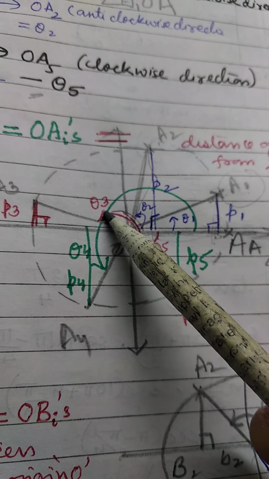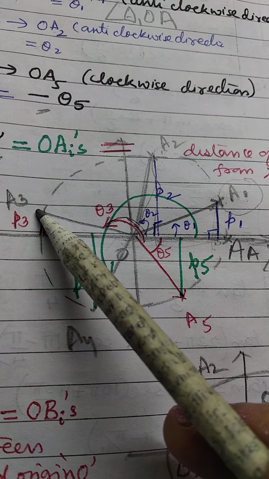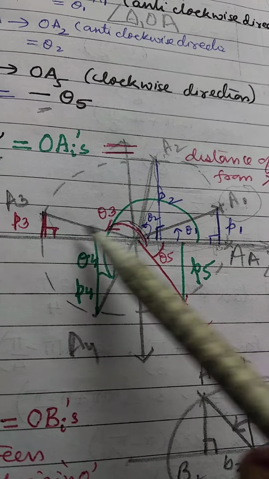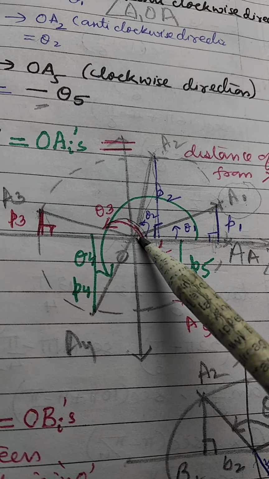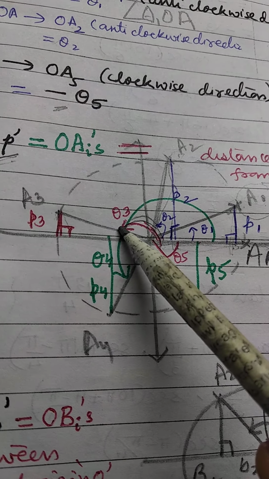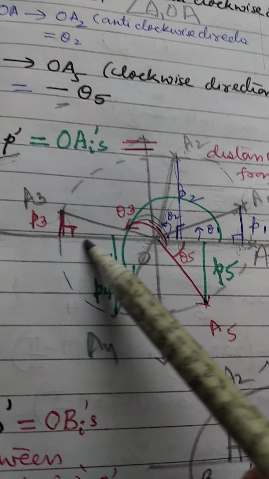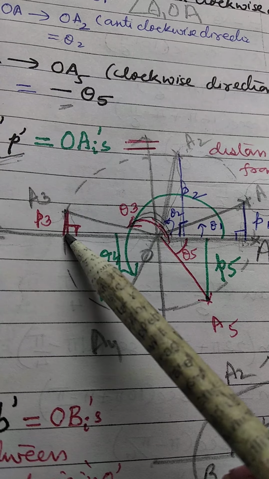For this angle, this is the position of OA, that is OA3. OA3 means the angle described by OA when it is rotated is theta 3. It's from OX. So we drop a perpendicular from A3 onto the initial axis. So this happens to be the perpendicular.